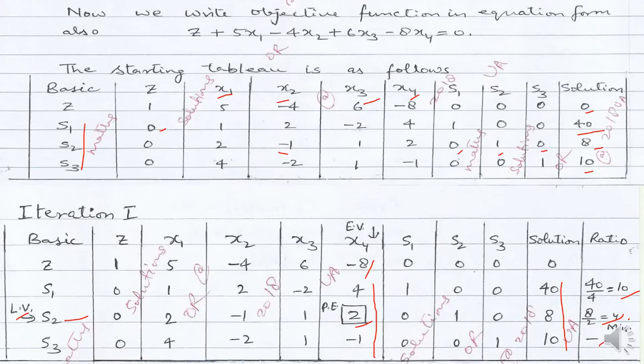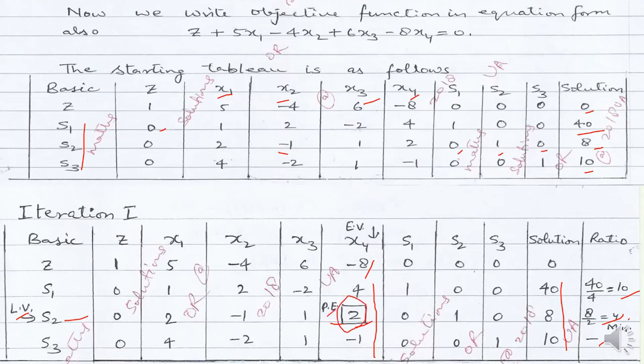So this row will become the X4 row in the next table, and this element, which is at the intersection of the pivot row and pivot column, because the S2 row is the pivot row now and the X4 column is the pivot column. At the intersection of these two we have this element 2, and this element is the pivot element.